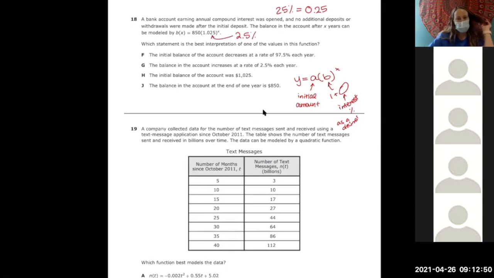Okay. So let's read through these answer choices. It says the initial balance of the account decreases at a rate of 97.5% each year.